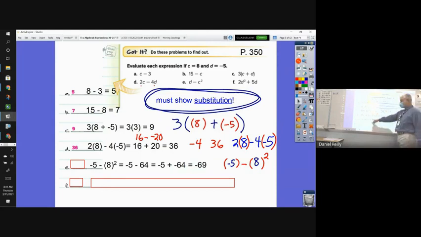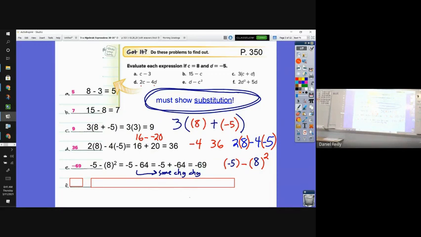If you have a subtraction of positive and negative numbers, you're in 7th grade, so this is what you get. -69. Keep, change. That's what you did right here. From here to here, keep, change, because it's a subtraction.